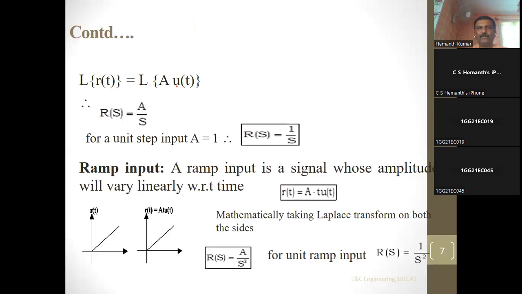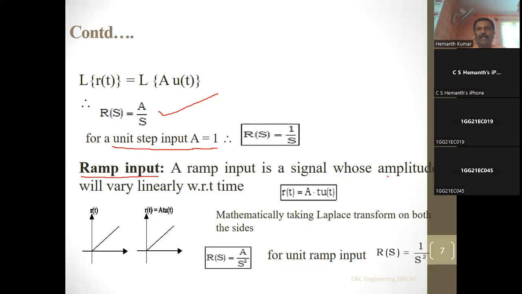Laplace transformation of R of T is nothing but the Laplace transformation of A into U of T. Laplace transformation of U of T is 1 by S. Thereby, for a unit step input with amplitude equal to 1, it is equal to 1 by S. This is concerned with the step input.